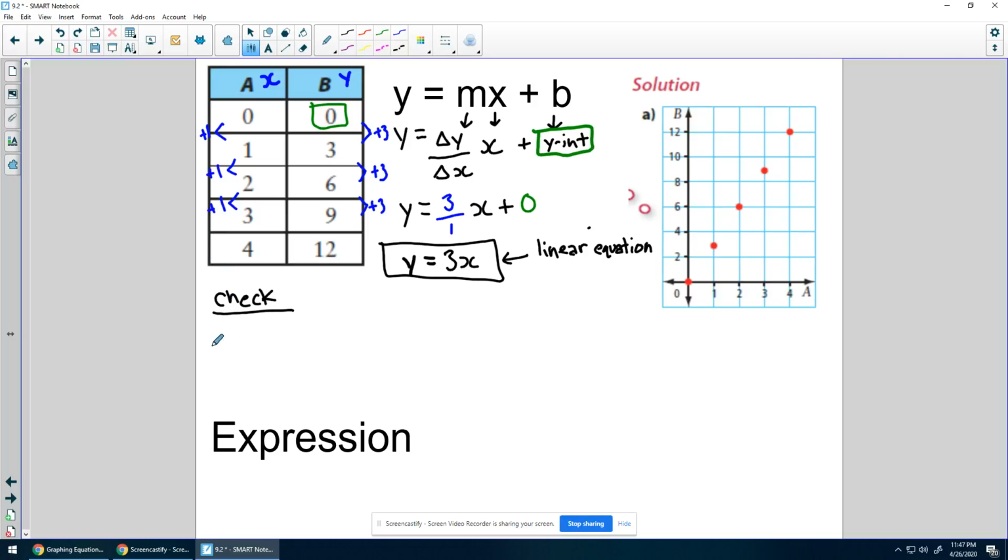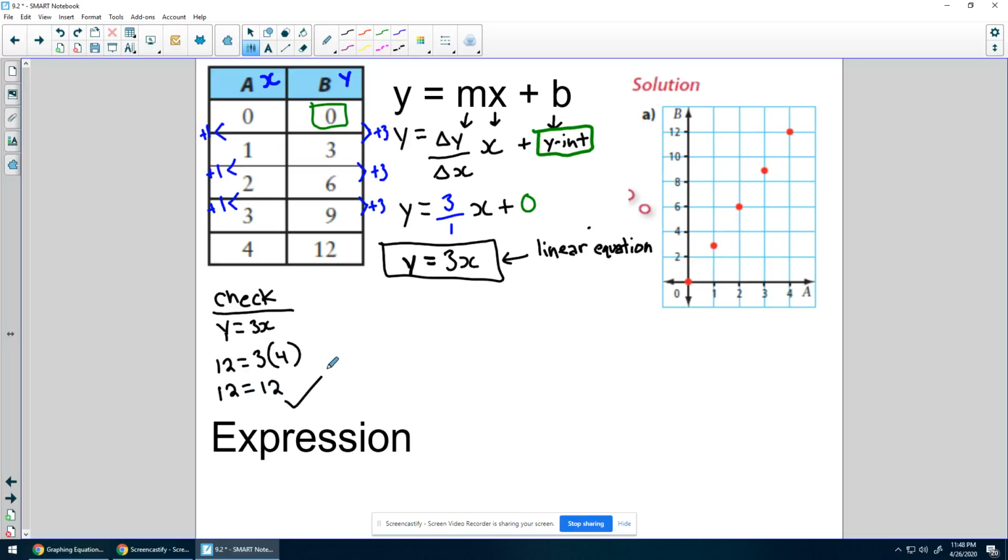So we have y equals 3x. We'll pick any values off of this table, so let's pick the last one. So our y value is 12. 3 times substitute in our x, which is 4. 12 is equal to 3 times 4, which is 12.